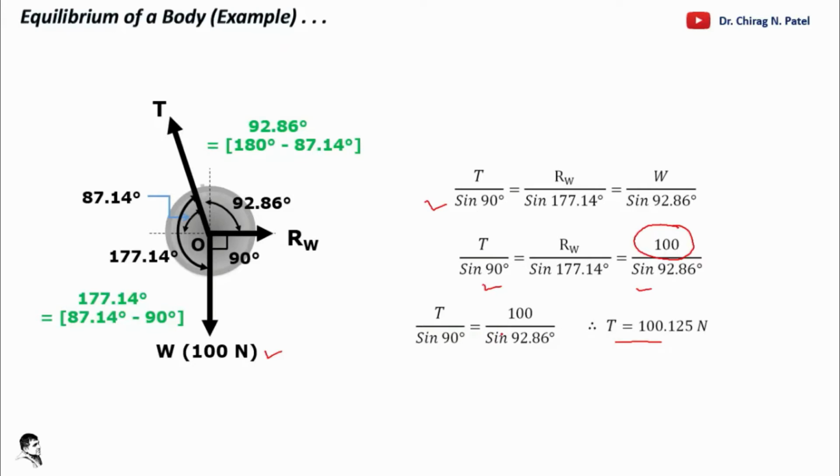You can resolve it by mathematical operation. Again, second, you use this RW and this part, so the answer would be 5 Newton, that is the reaction of the wall. So I think it is clear how to solve for different force values from Lamy's theorem.